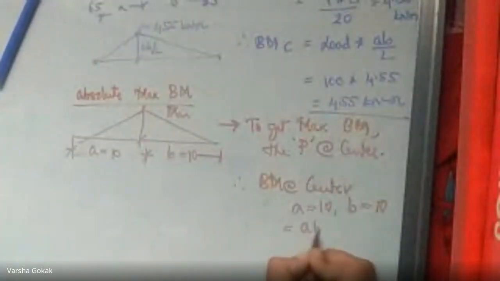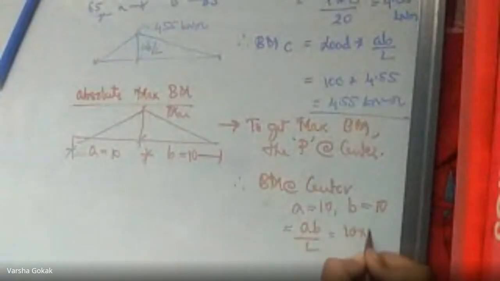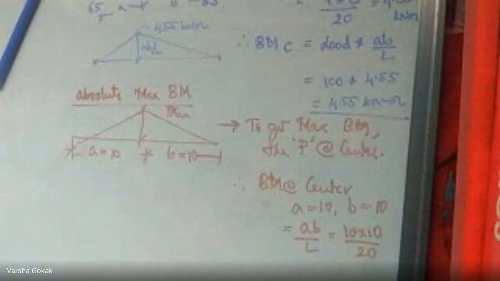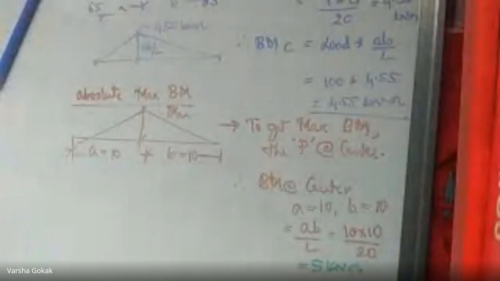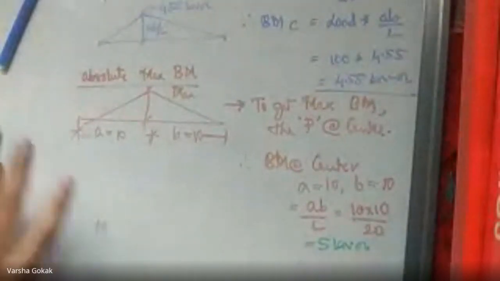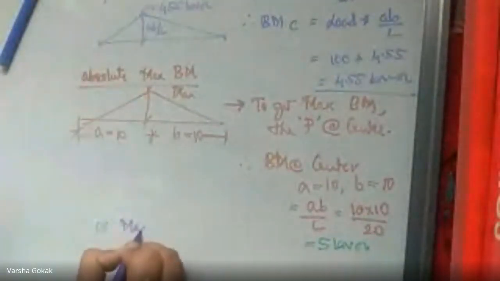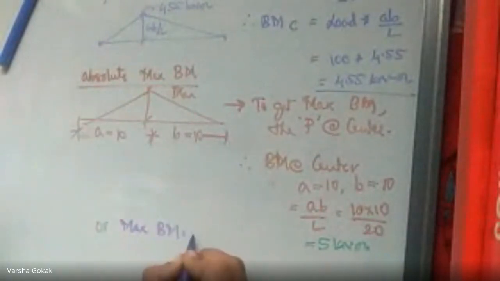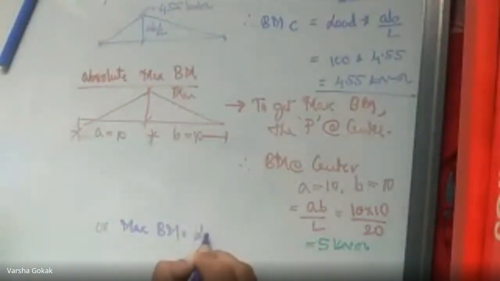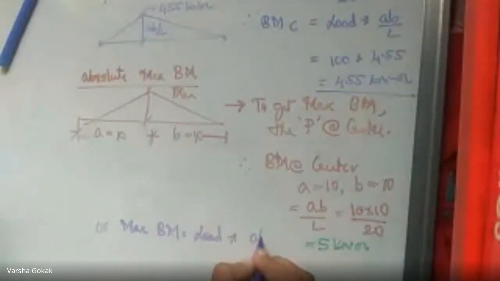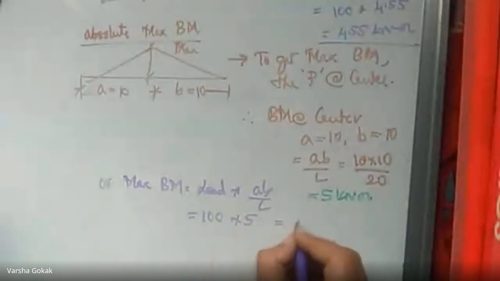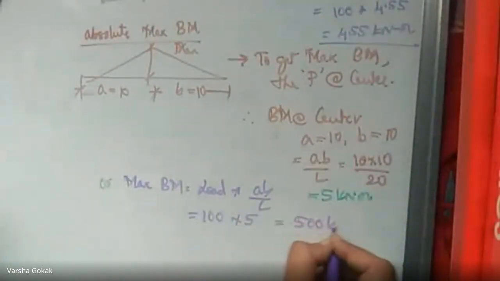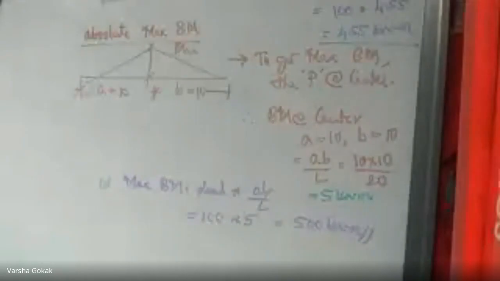So AB by L is 10 into 10 divided by 20. How much? It becomes 5 kilonewton meter. The maximum bending moment would be load into AB by L, that is 100 into 5, that makes it 500 kilonewton meter. So the maximum bending moment is 500 kilonewton meter.